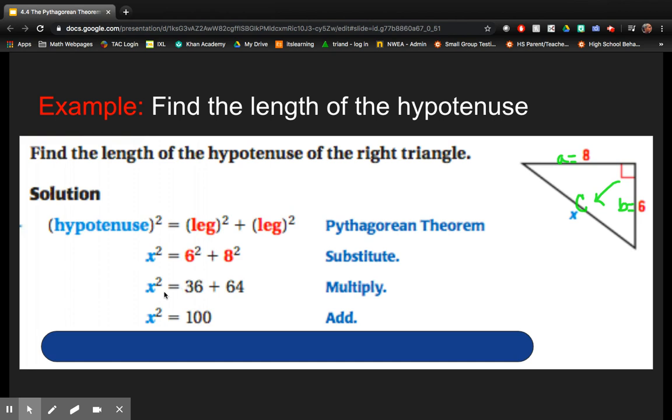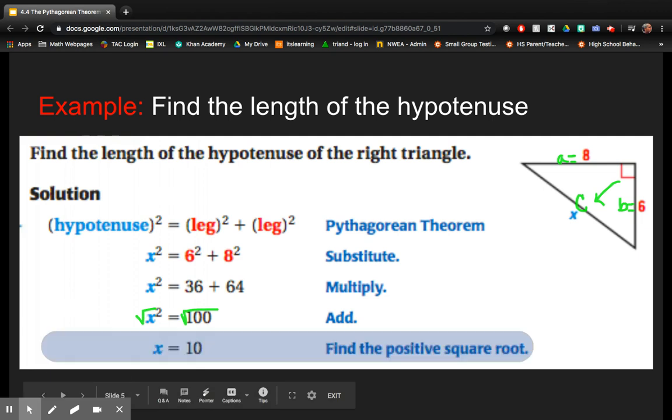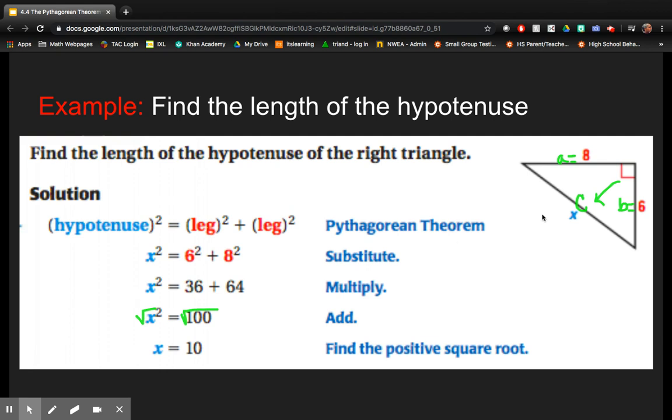Last, we're going to use the inverse of x squared, or of the squared piece, to get our final answer. We take the square root, and we get that x is equal to 10, telling us that the hypotenuse of this triangle is 10.